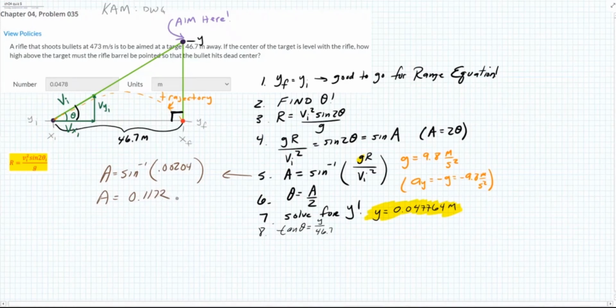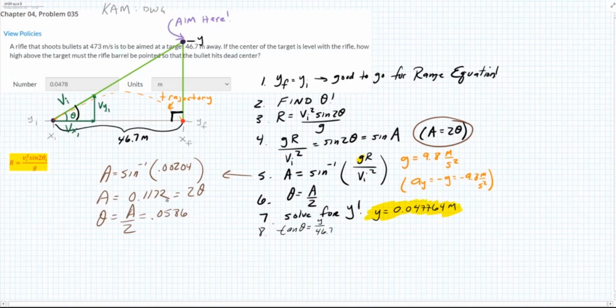So that's equal to A. And based on step 4, if A equals 2 theta, then theta equals A over 2. So if A is 0.1172 and I divide by 2, theta is a very, very small degree, 0.586 and some change.